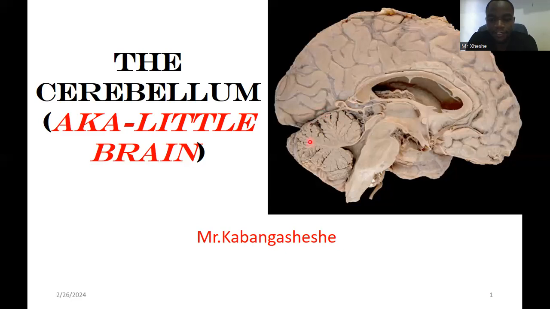The cerebellum is divided into two hemispheres, a left and right hemisphere, by the falx cerebelli. You can see some strands there. That would be the falx cerebelli, splitting it into two hemispheres. The falx cerebri divides the two hemispheres of the cerebrum.